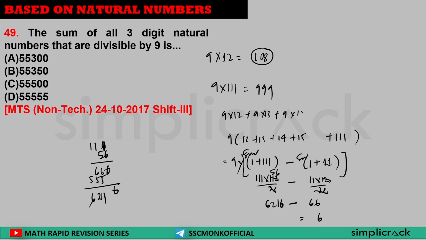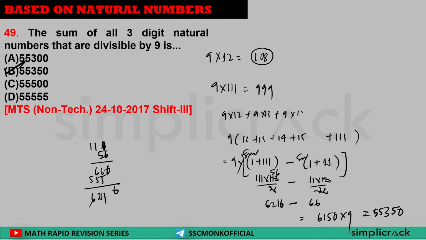That is equal to 6150, multiplied by 9. Clear? So 6150 multiplied by 9: 9 0s are 0, 9 5s are 45, 9 1s are 9 plus 4, 13, carry 1, 9 6s are 54 plus 1, 55. So the answer is 55,350. That is option B. Clear? Sorted? Yes or no? Is it difficult? No. We know how to find it. We know the right approach.